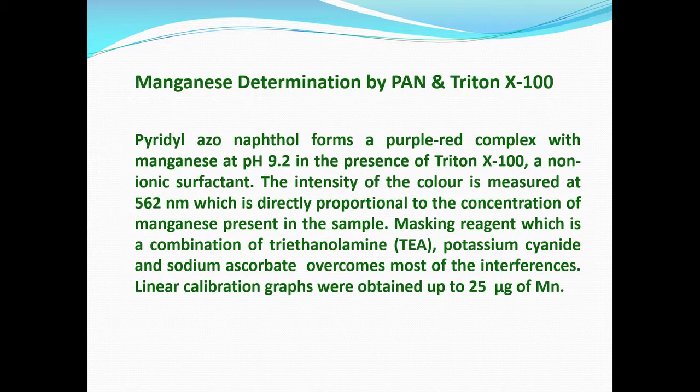So, manganese at pH 9.2 is still in the form of an anion, as a manganate ion, and if we form a complex with 4,2 pyridyl azonaphthol and Triton X100, we form the red complex, and the intensity of the color is measured at 562 nanometers. 562 nanometer is usually the typical measurement for potassium permanganate.